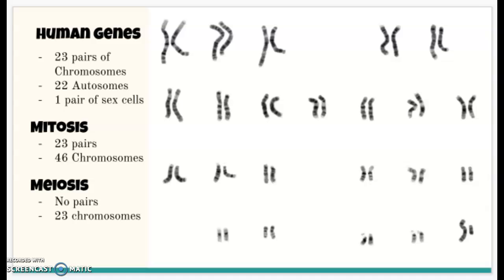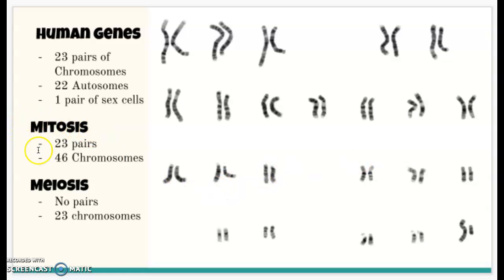Remember that humans have 23 pairs of chromosomes, and 22 of those have to do with our physical traits, what we look like, how tall we're going to grow, all of those types of things. And then the last pair is the sex chromosomes. You get one from mom and one from dad. So each of our chromosome pairs, one of the pair came from mom, the other one came from your dad.